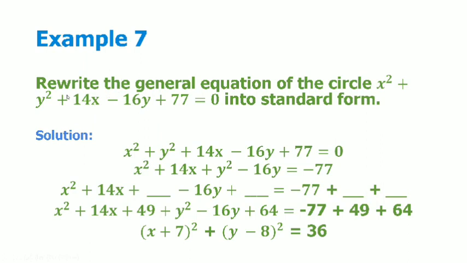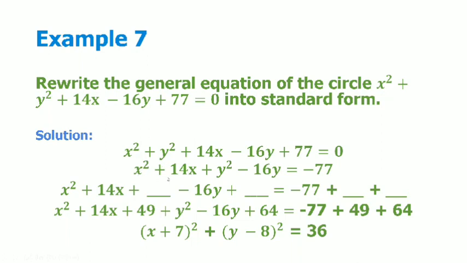Seventh example, rewrite the general equation of the circle x squared plus y squared plus 14x minus 16y plus 77 equals 0 into standard form. First step of the solution, write the given equation, and then arrange the terms or group the terms with the same variable.